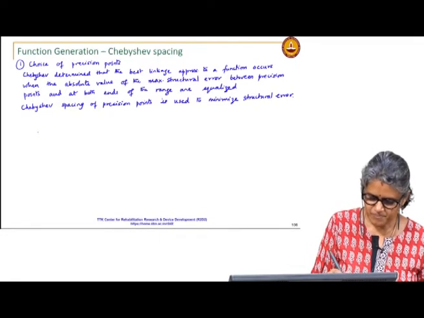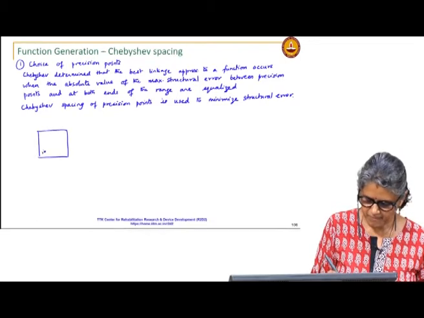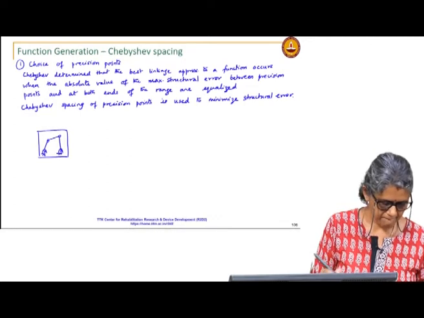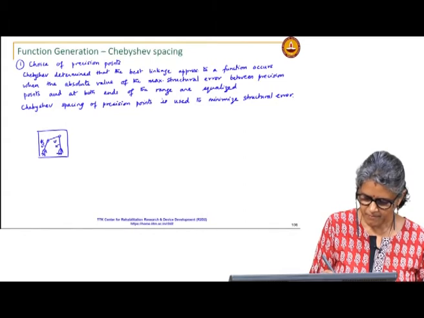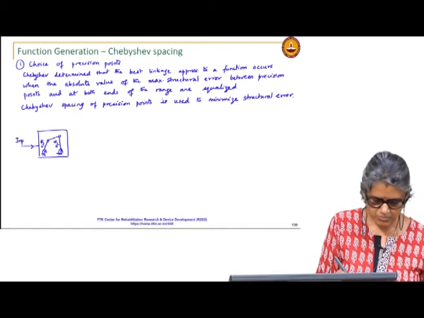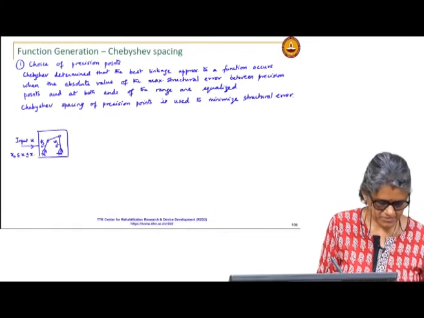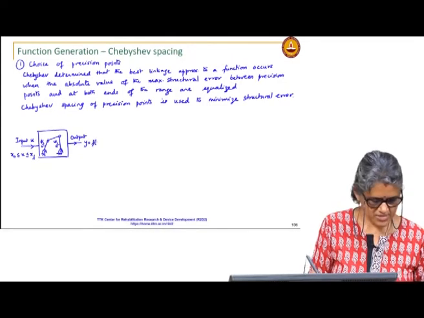So, if you take I have my input x in this range and I have my output y equal to f of x.